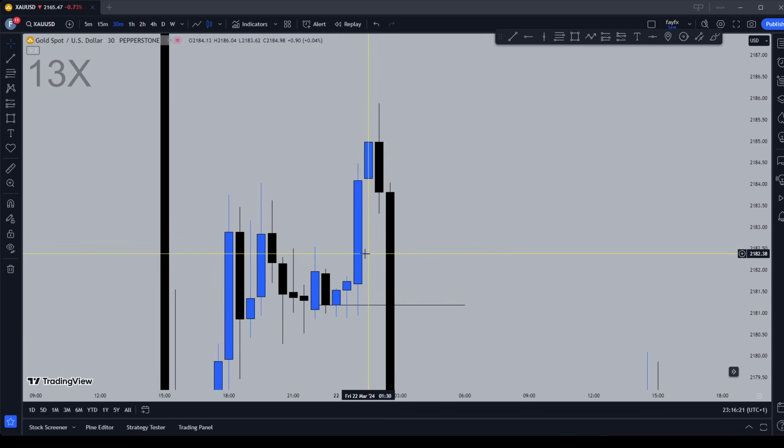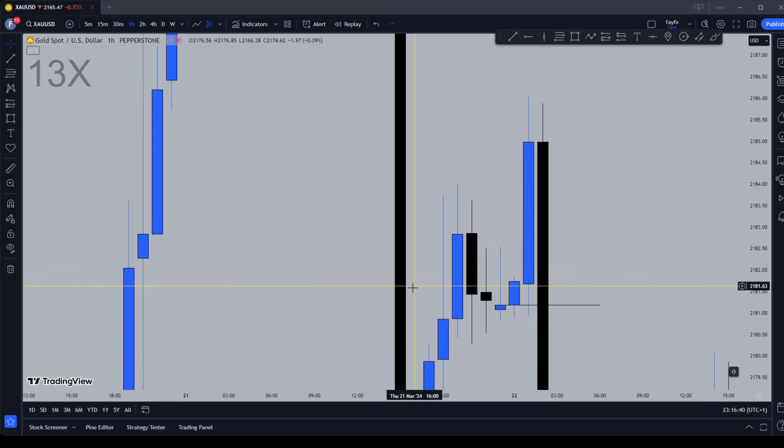In 30 minutes, we have a VCC, a classic CC. What is the classic CC? A classic CC is a V or A level followed by CC, a confirmation candle. Remember, we have a gap here in 1 hour.